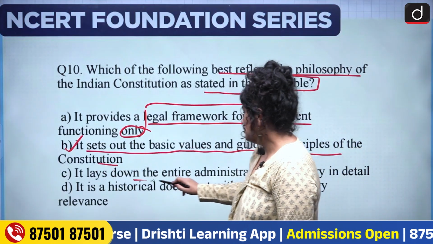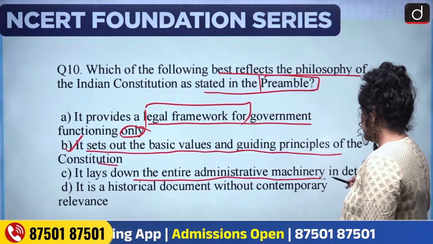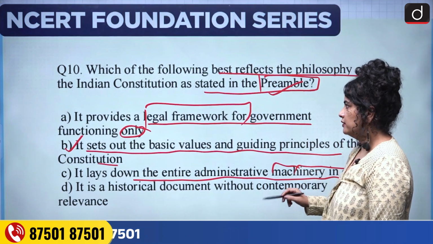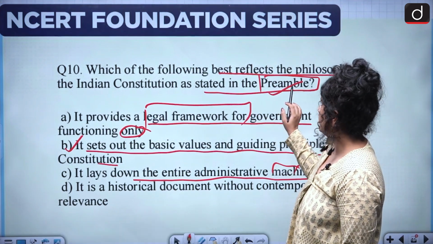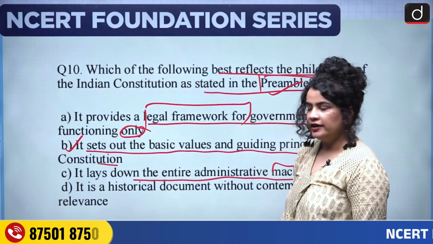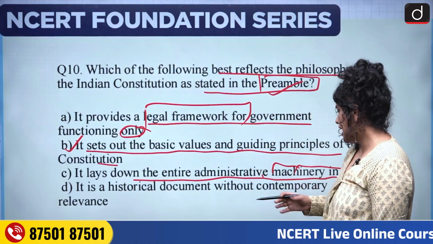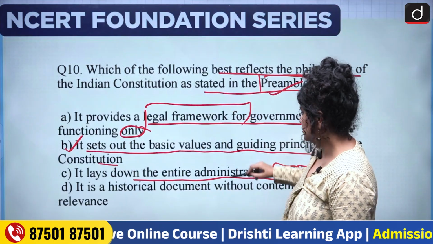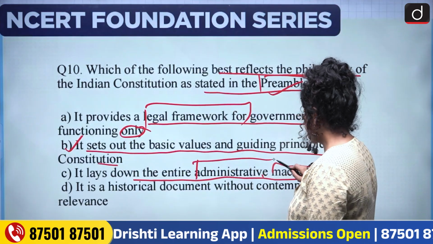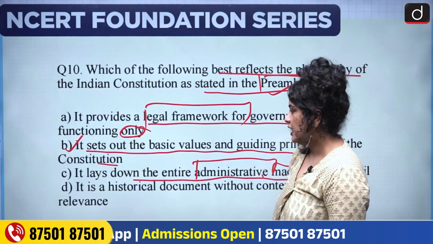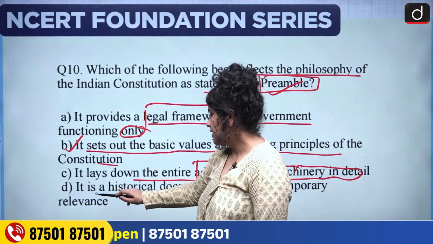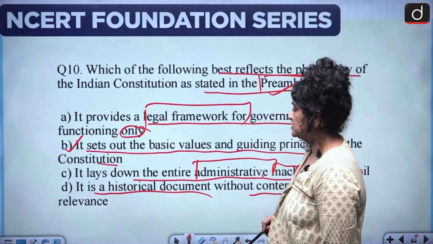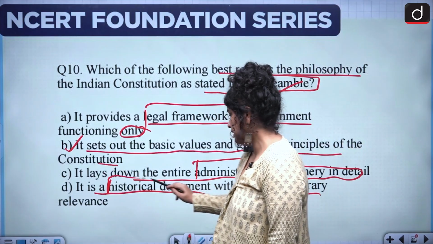C, it lays down the entire administrative machinery in detail. So when we are talking about philosophy reflecting in the Constitution, can we actually say that it's about administrative machinery? No, philosophy and administrative machinery do not quite go together. And finally, option D, it is a historical document without contemporary relevance. It's not a historical document.